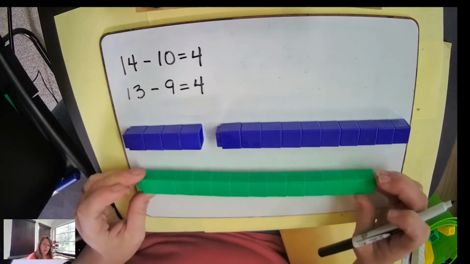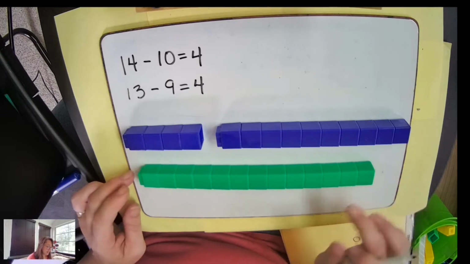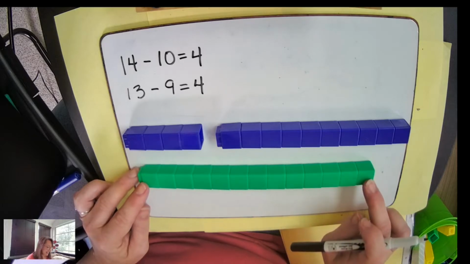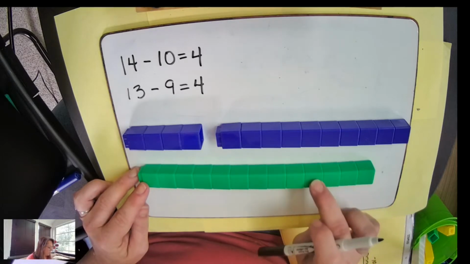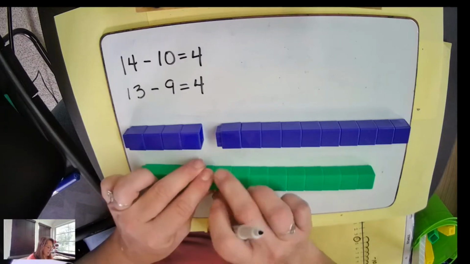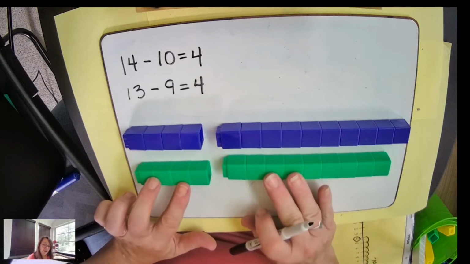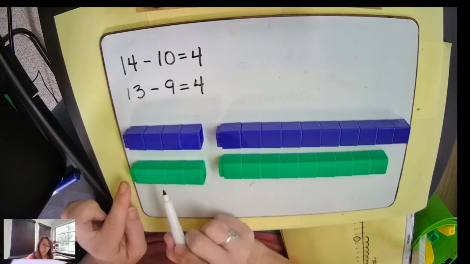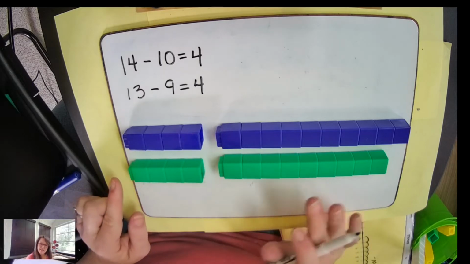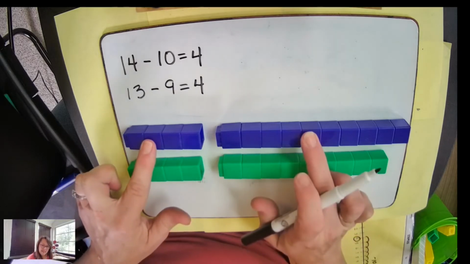So if she had 13 of something and she removed 9, 1, 2, 3, 4, 5, 6, 7, 8, 9, then she's also left with 4. How is this the same as this?